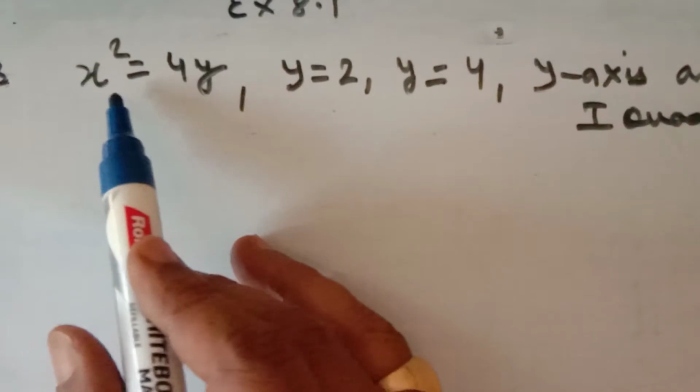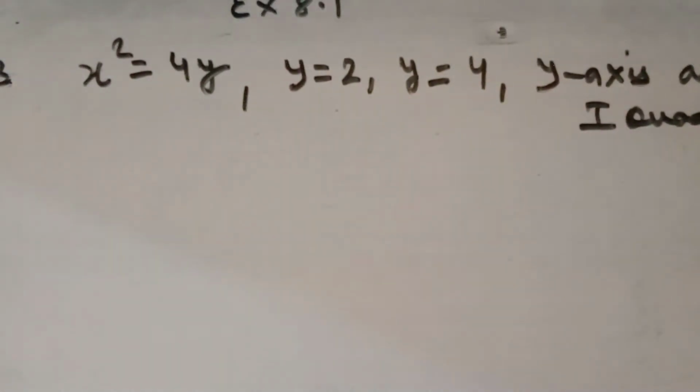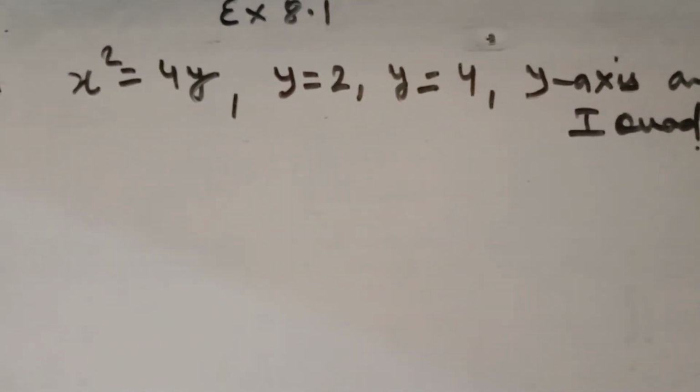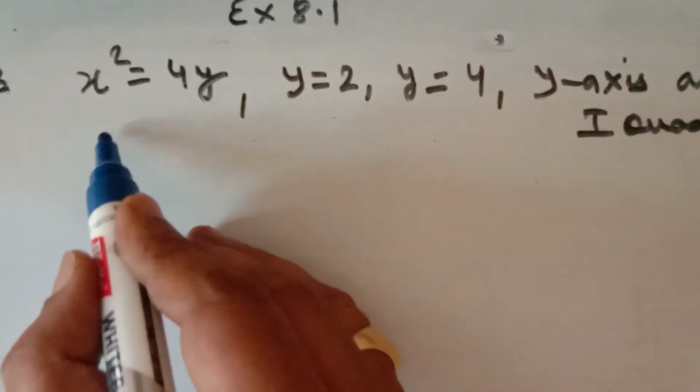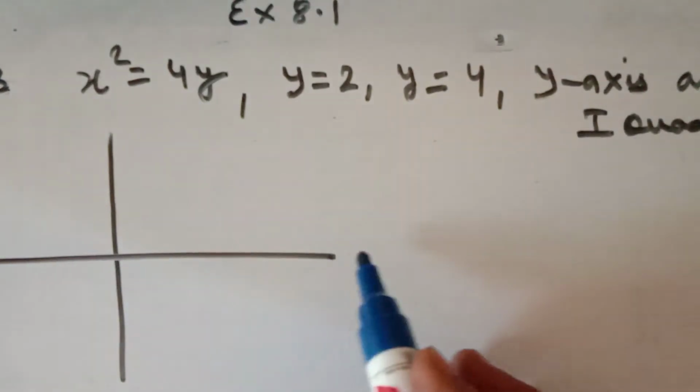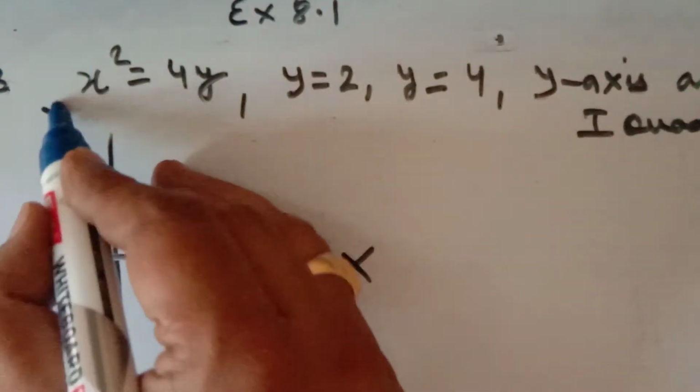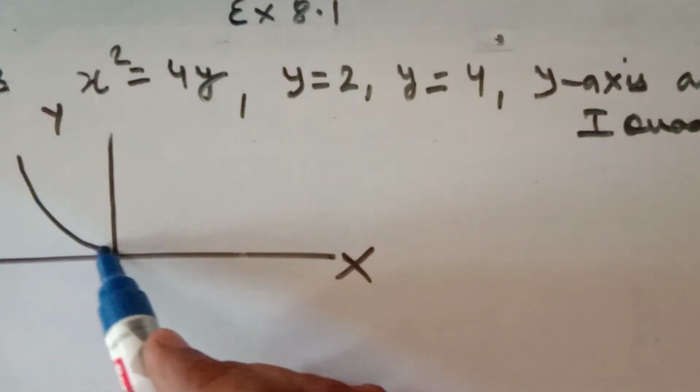If you see it very carefully, x square is equal to 4y is a parabola which is symmetrical to the y-axis. So you can easily draw this curve. It is a vertical parabola.